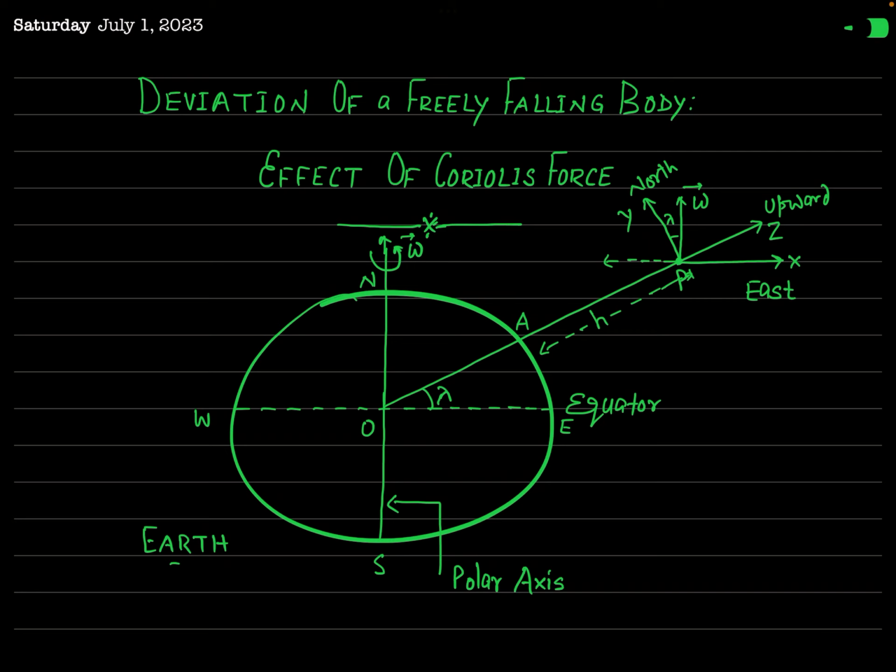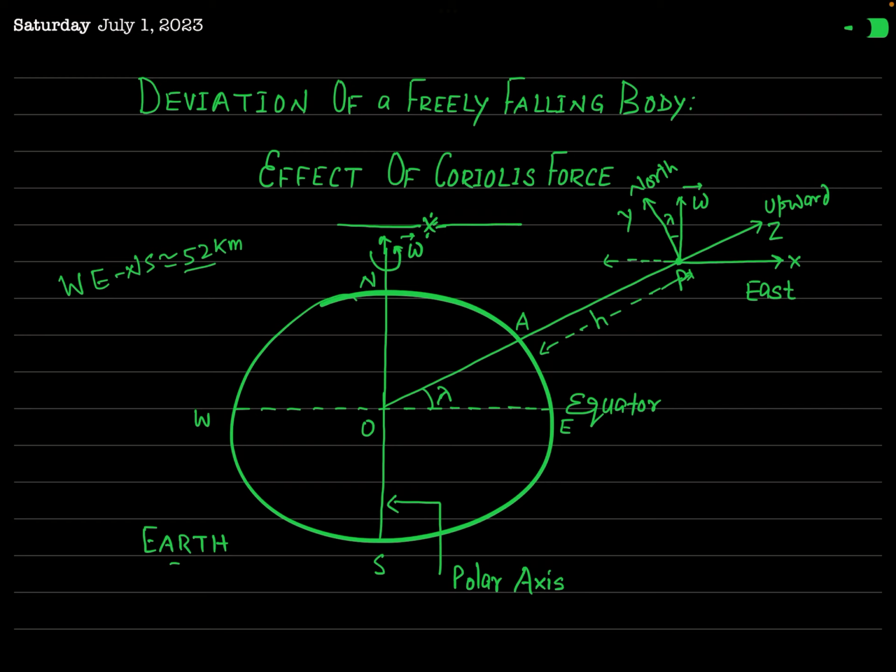WE minus NS is almost equal to 52 kilometers. But in rough calculation we neglect this difference and treat the earth as spherical. So in this problem too, we are treating our earth as a sphere.